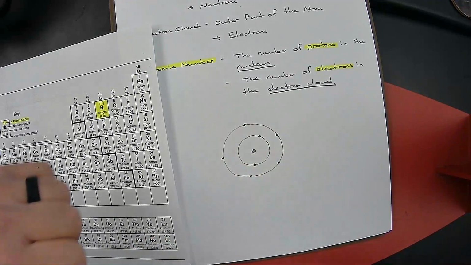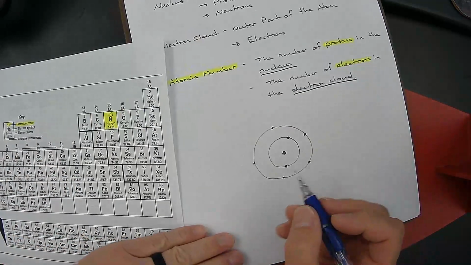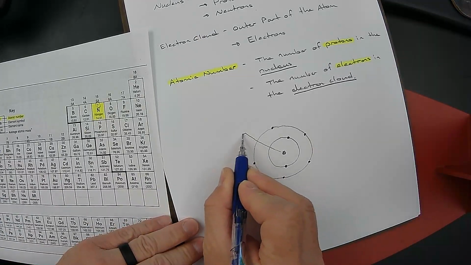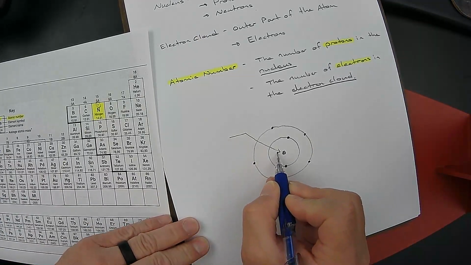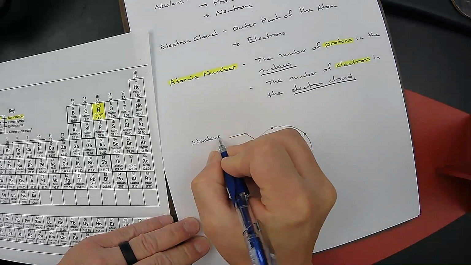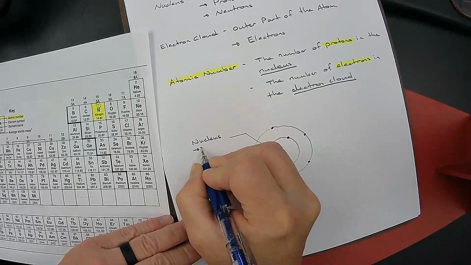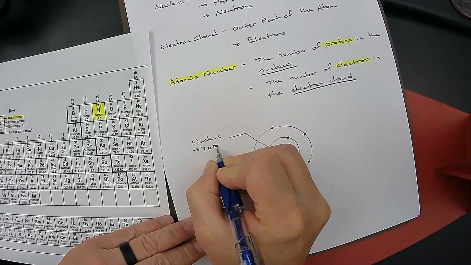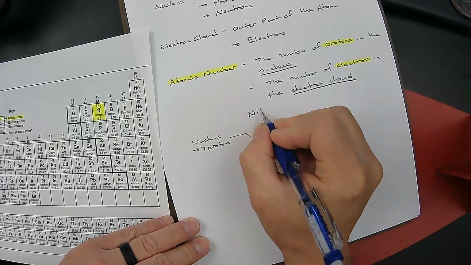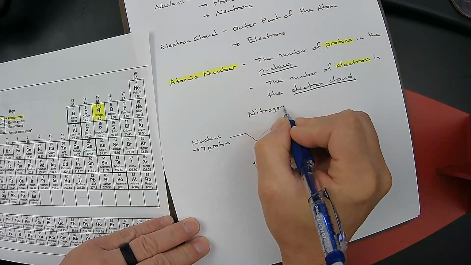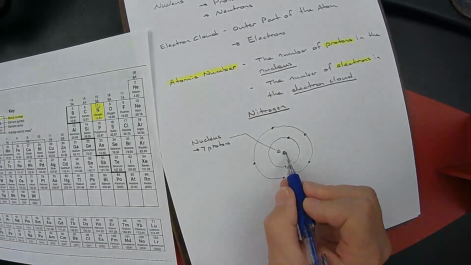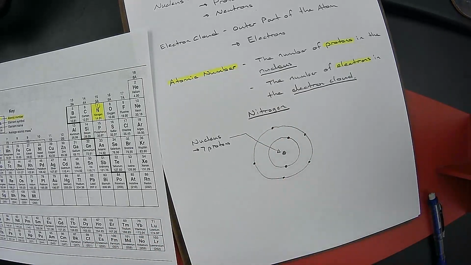So let's identify this. First off, let's identify this in the middle as the nucleus. There are so far 7 protons in the nucleus, and we're going to call this atom nitrogen. So 7 protons all packed tightly together.